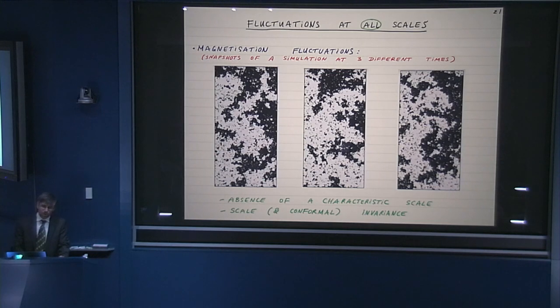Here I'm showing 3 snapshots of a simulation of a magnet at the critical temperature, and the dark and the white spots correspond to the microscopic magnetization pointing up and down. What scale actually in these pictures? The scale, so the smallest point that you see, it's 1 lattice spacing, the interatomic distance.